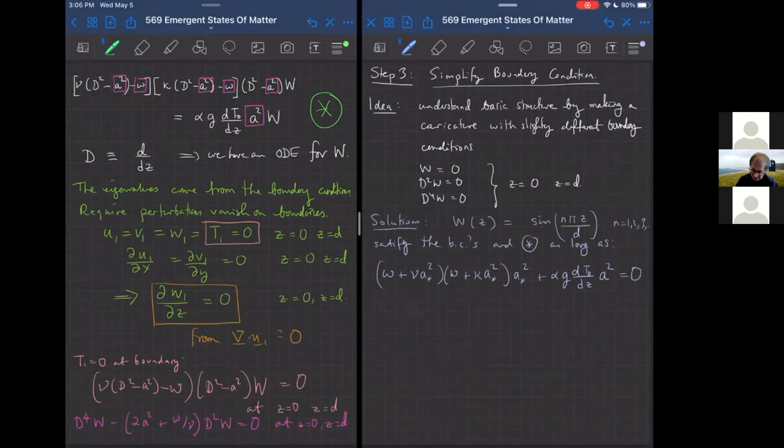So let me just write down what these things are. So A was something that we had to determine anyway from the equation for F. A star squared, by that I mean A squared plus n squared pi squared over d squared. And this is a quadratic equation.